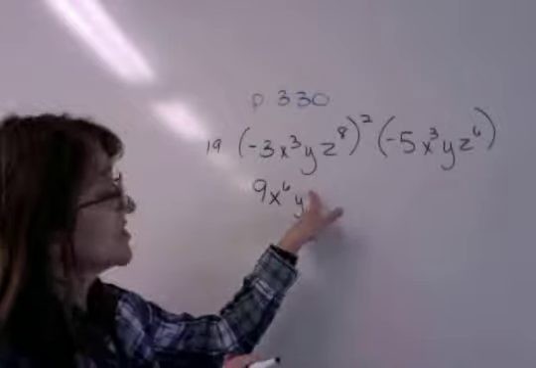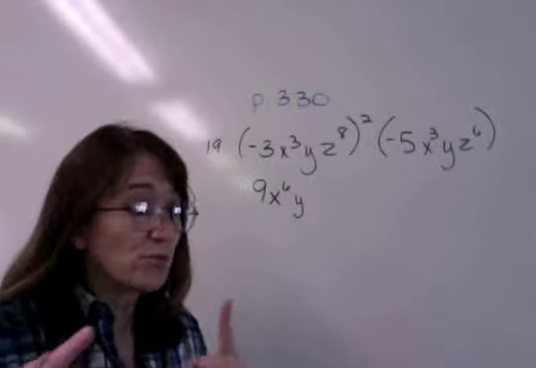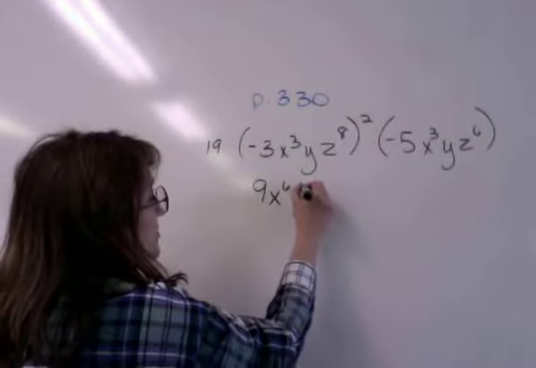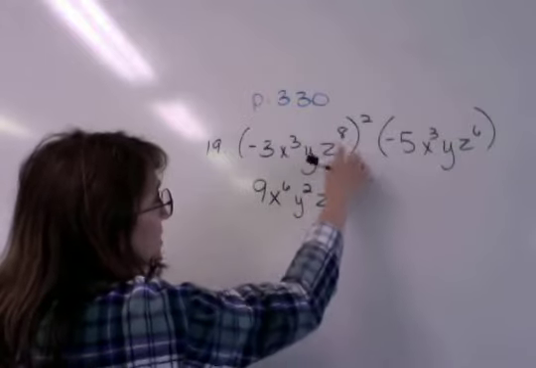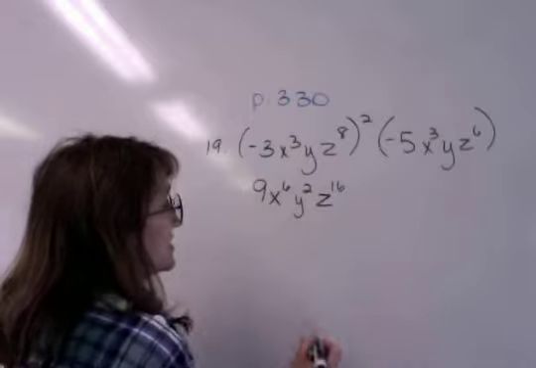But you don't have to worry about that. Don't worry about the 0 power right now. Just trust that the y being there has a 1 with it. So I'm going to multiply the 1 to the 2, and that's going to become y squared. Then I'm going to multiply my power of 8 to the 2, and that's going to become 16.